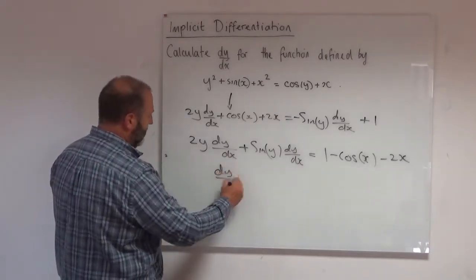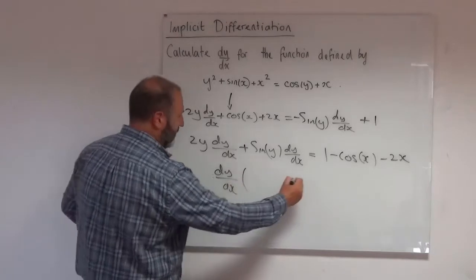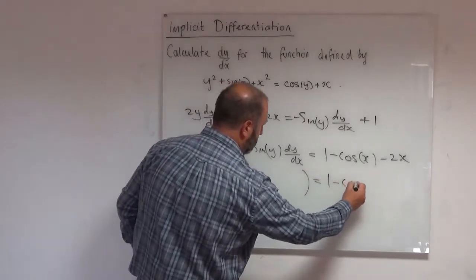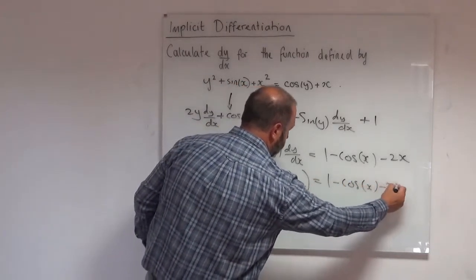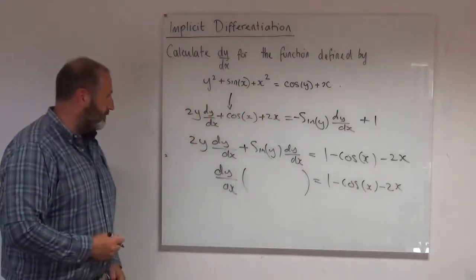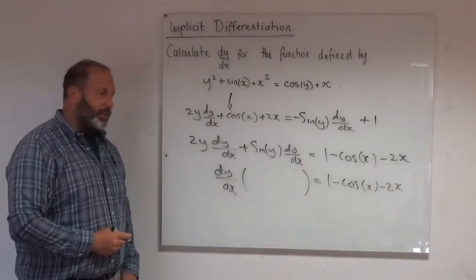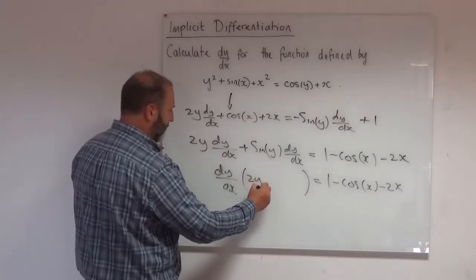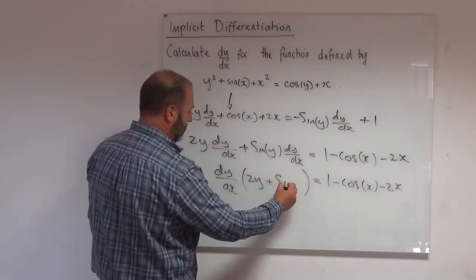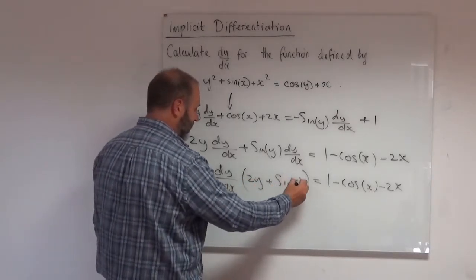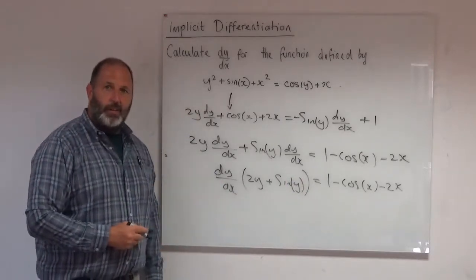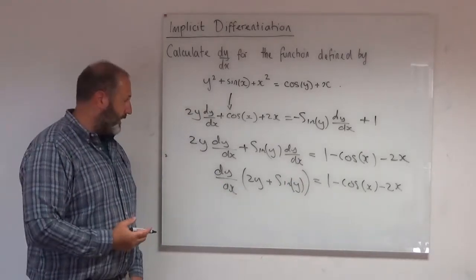So it looks like that. Two terms, dy dx in common, so I drag it out to the front and I'm left with 2y plus sine y. And all I want to know is what on earth is dy dx.